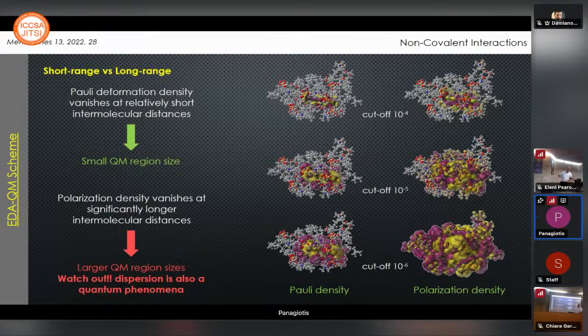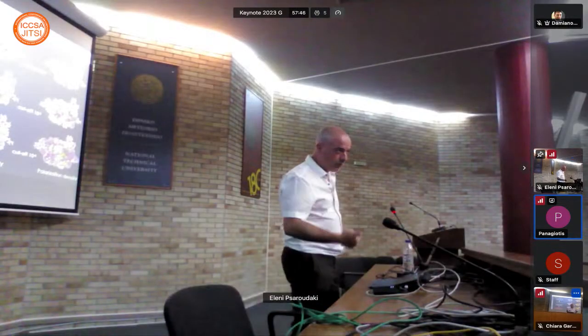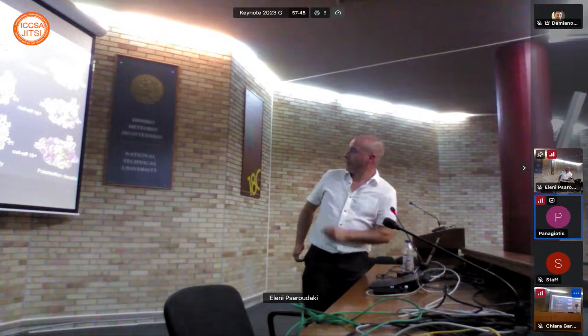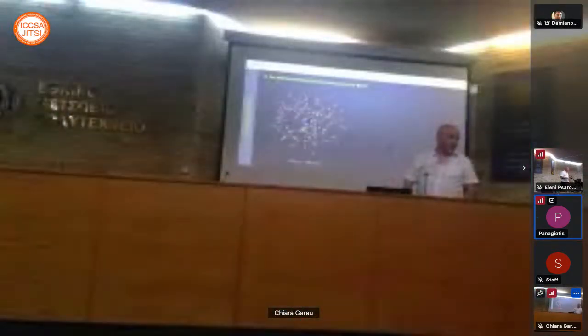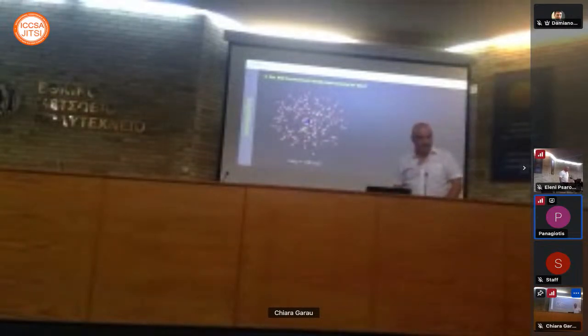So we need a larger QM region to represent this interaction. So it's important to analyze what happens with each term to finally choose a correct QM region to perform a QM simulation. Well, the QM region size is a major problem in these methods.